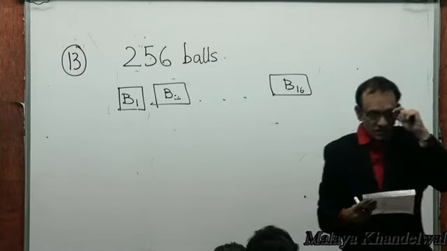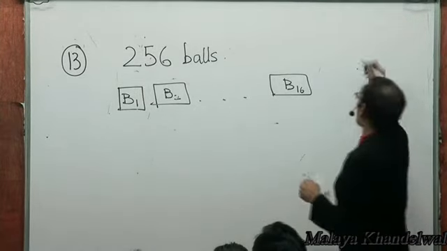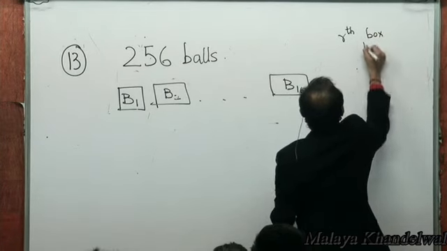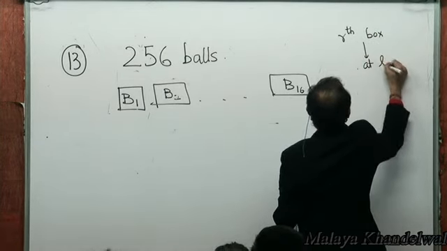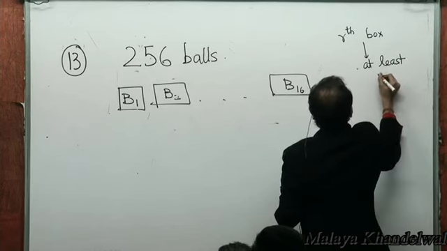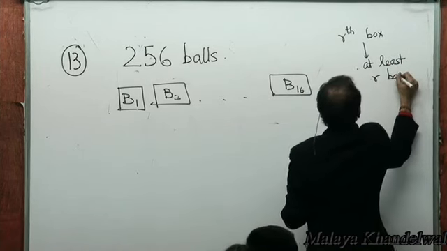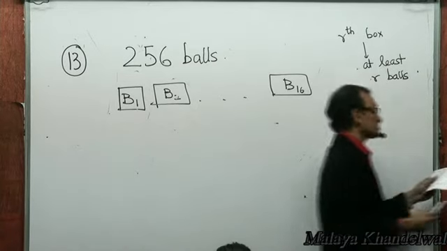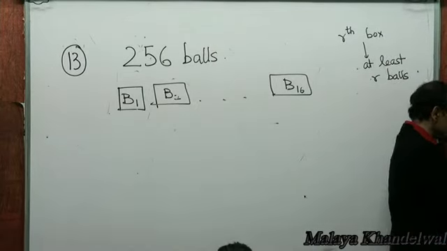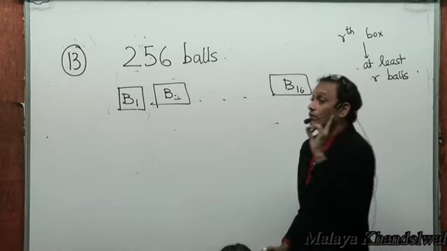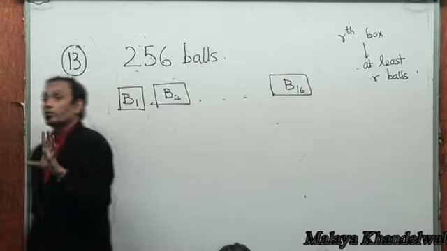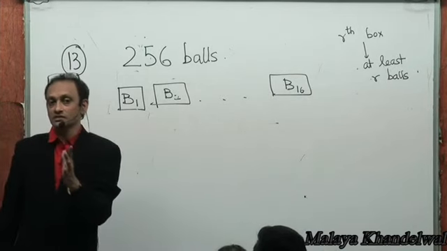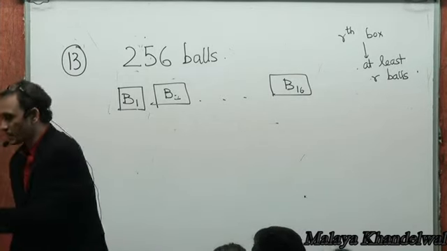Such that the rth box contains at least R balls. That means what I should do is I should first give each box the minimum number of balls they must have.